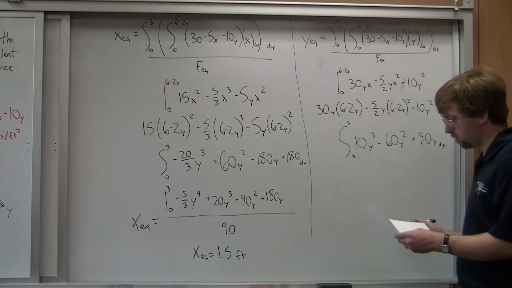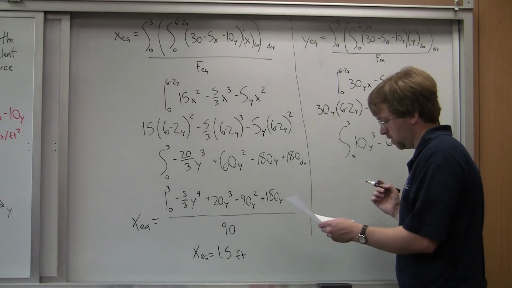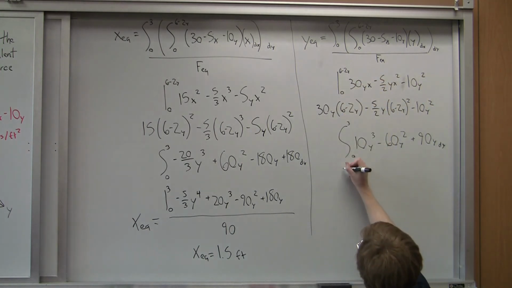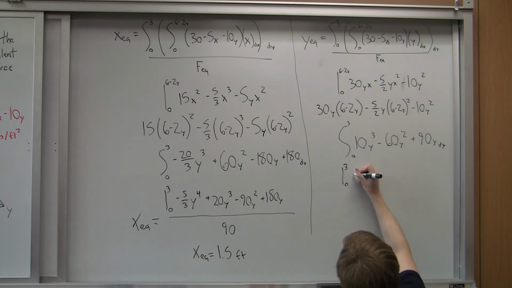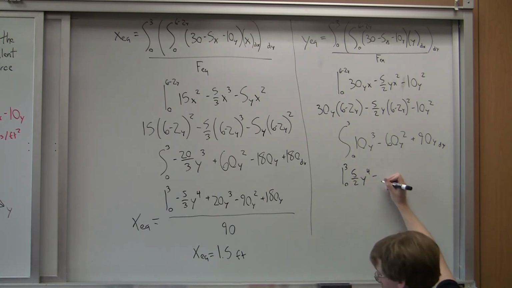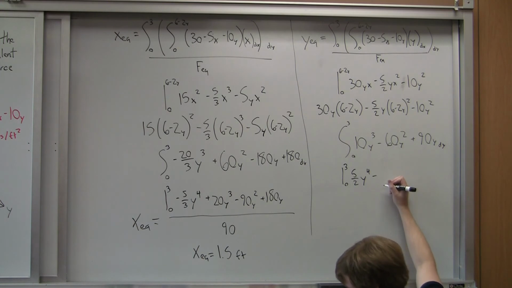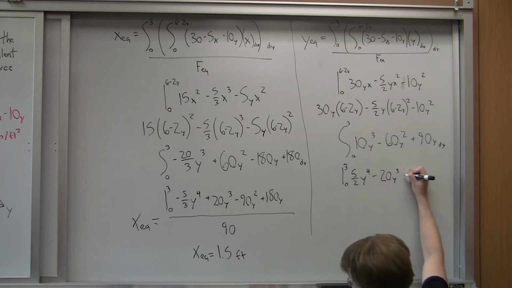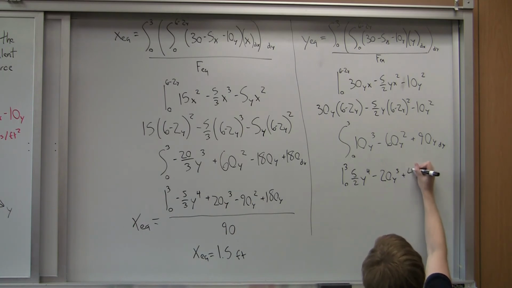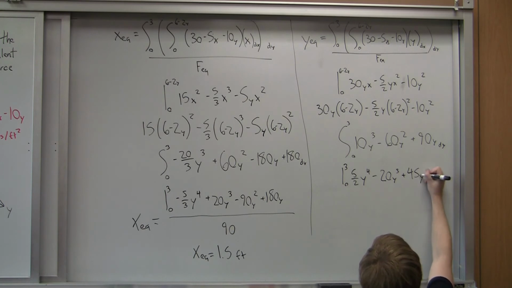So if we take that integral from 0 to 3, this is going to give us 5 halves y to the 4th minus 20y cubed plus 45y squared.